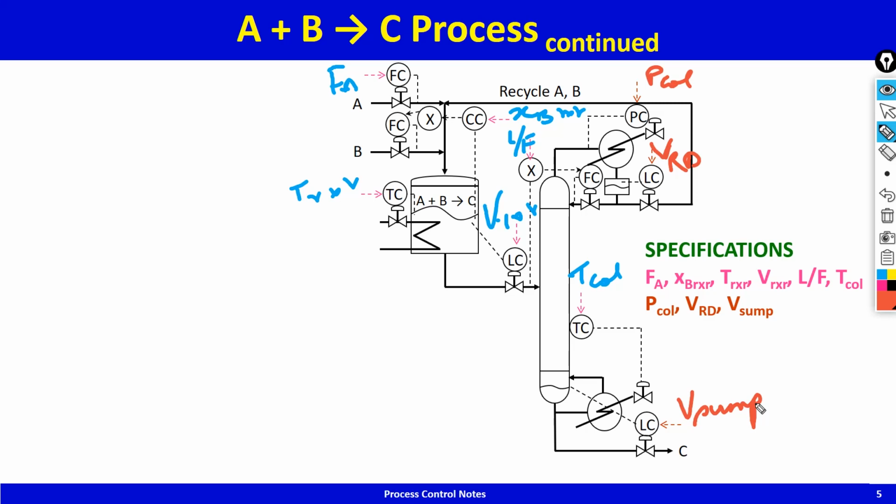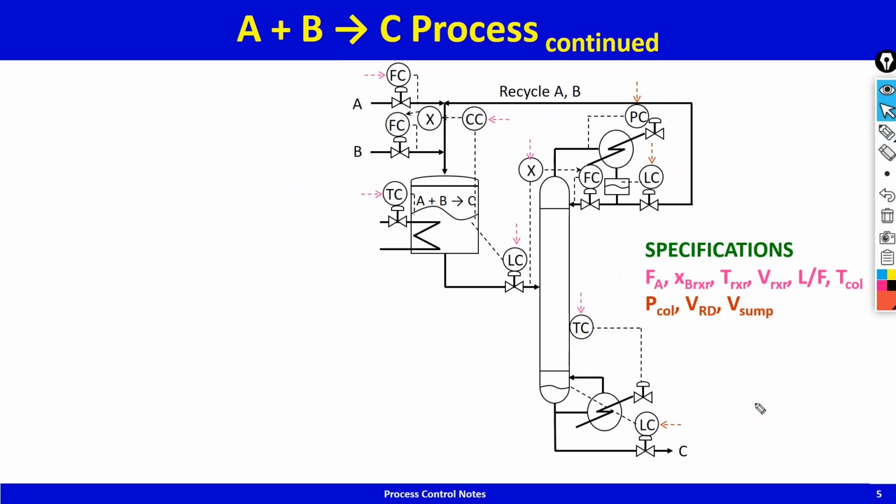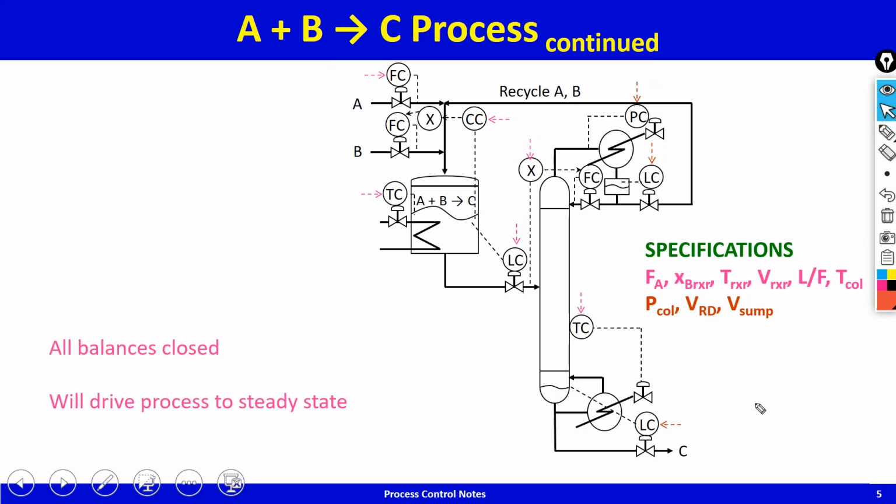Every specification that you make is equivalent to a control loop controlling that particular process variable, and therefore degrees of freedom, specifications, and control structures are all linked, all related. So now we continue. For this control structure, all independent balances are closed, and this will drive the process to steady state.